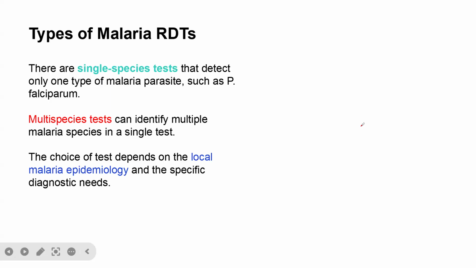If it is known that the area has only Plasmodium falciparum, then you need to go for a single species test. Like for example, in Nigeria, most of the Plasmodium we have here is Plasmodium falciparum and vivax. So you can use multi-species test kits that can detect both Plasmodium falciparum and Plasmodium vivax.